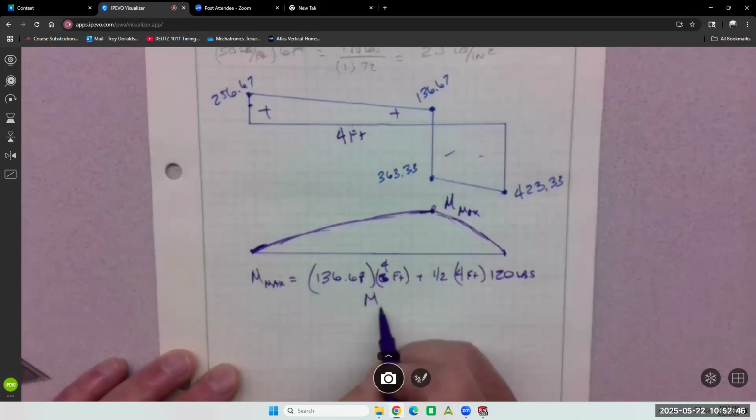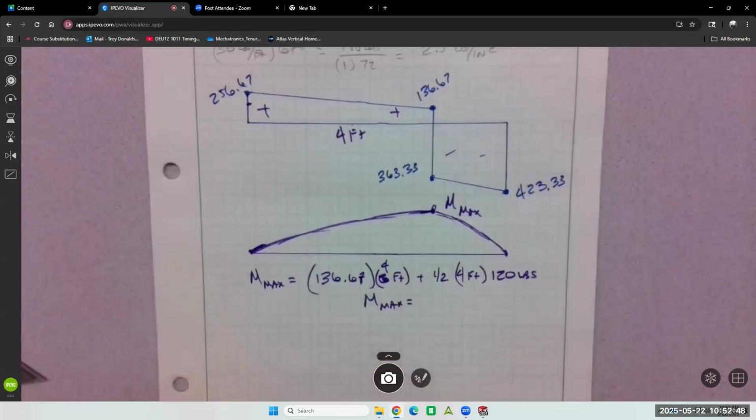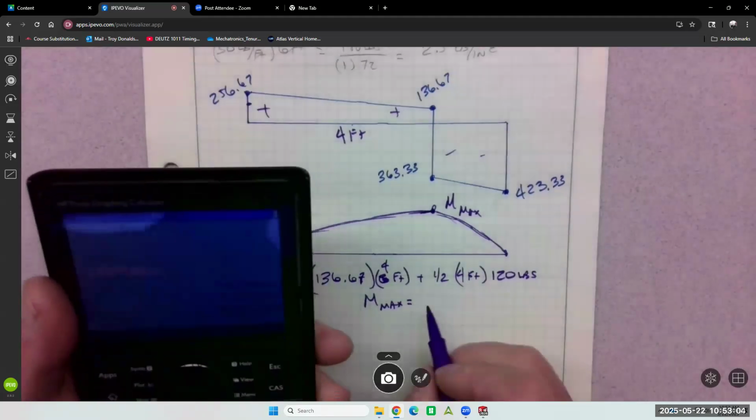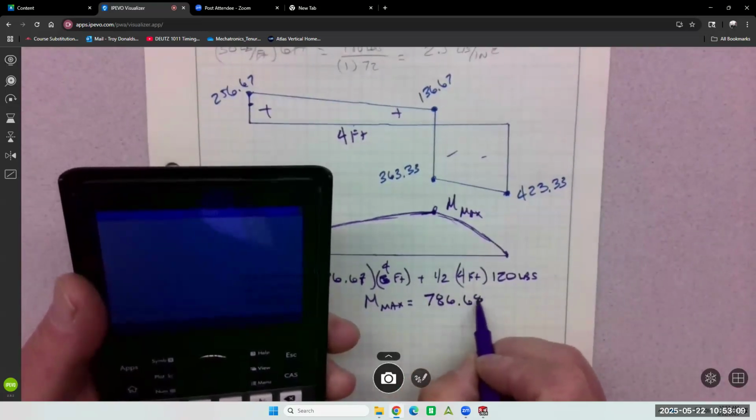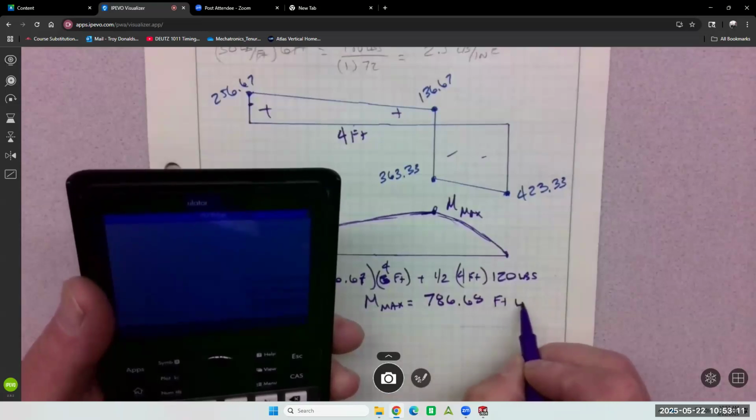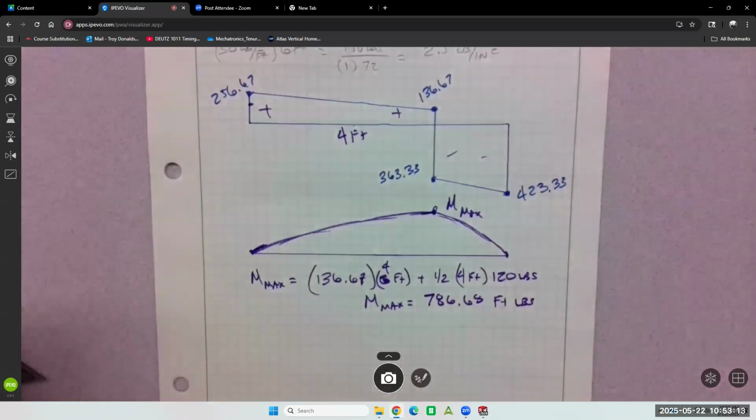That should give it to us. 786 foot-pounds. Anybody else get that?